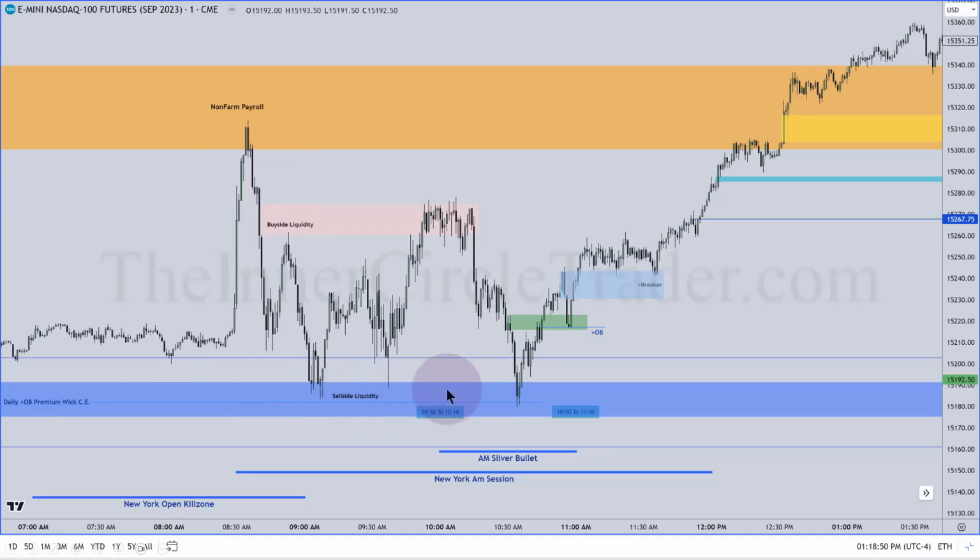The sell side, again, is taken here. It is traded below these relative equal lows and into the bullish propulsion block, the consequent encroachment from the daily chart, that's this level here, the blue line, and that blue line right here.